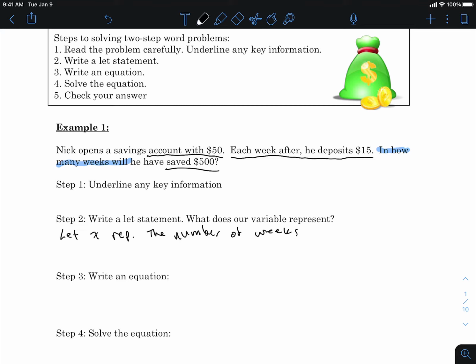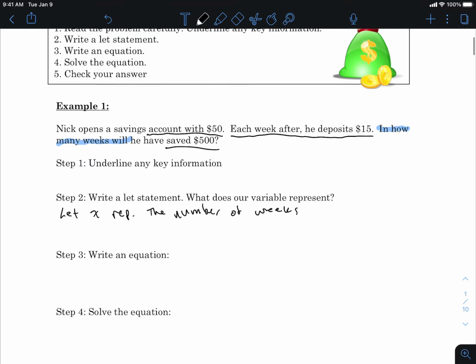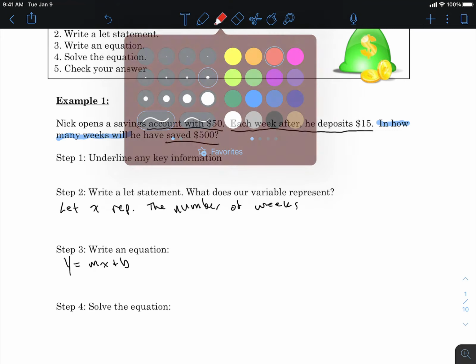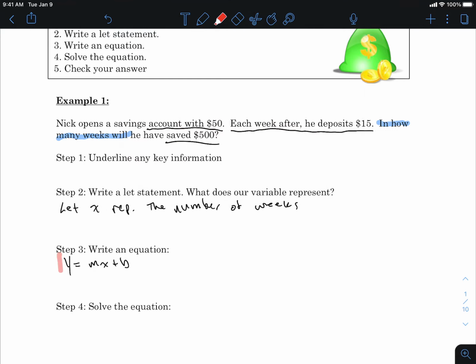Until we start doing more complicated things, which we'll get to maybe by the end of the week, your equation is going to look something like this. Once you have this written down, as soon as I see this, I can go back here.